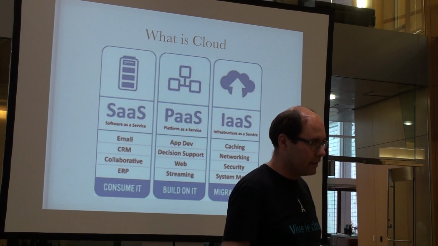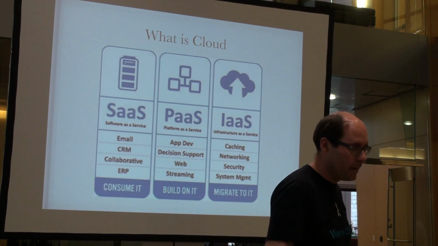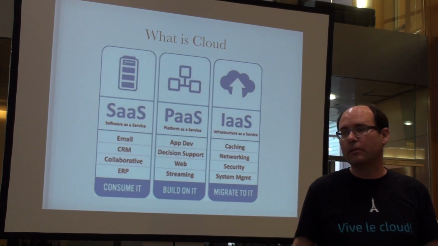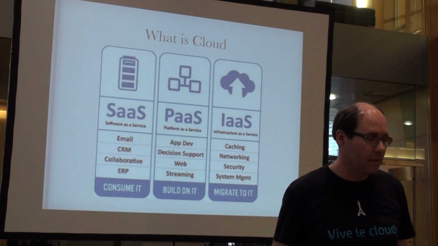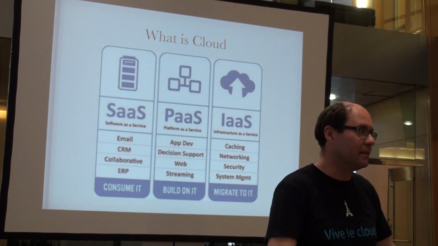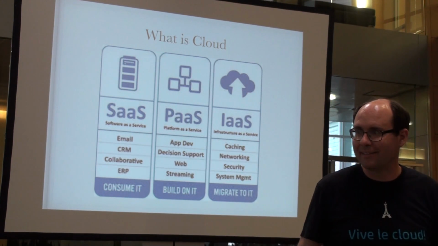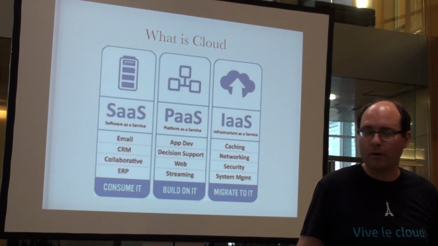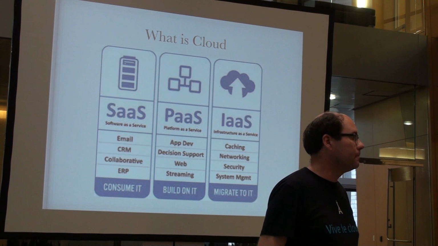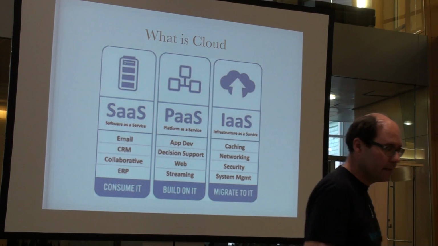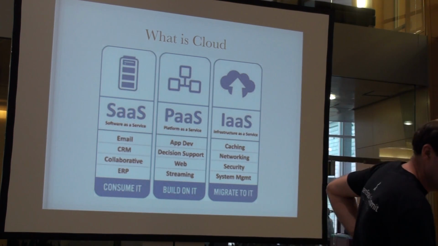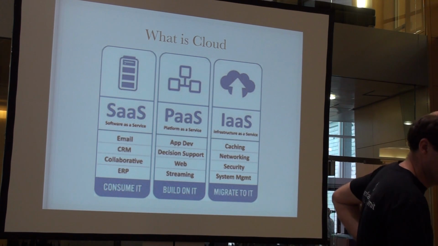That's basically, as it says here, for app development and things like that, to build on. And then you have infrastructure as a service, where basically you get a box and maybe network and stuff, and you have to install your own Ubuntu or whatever you want to install, Windows if you have the licenses, and build your own stuff on top of that. So those are three flavors of cloud. And OpenStack mostly falls into the infrastructure as a service track.